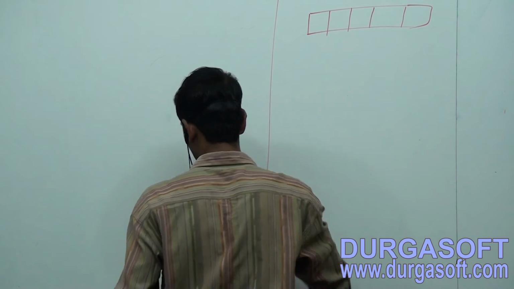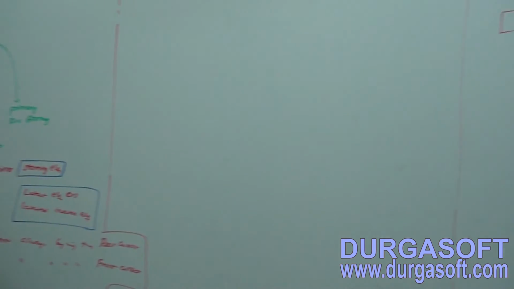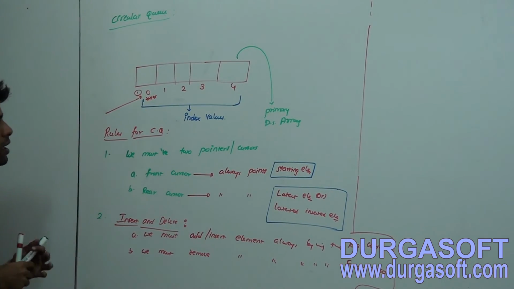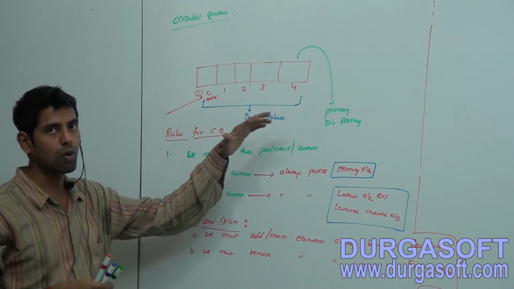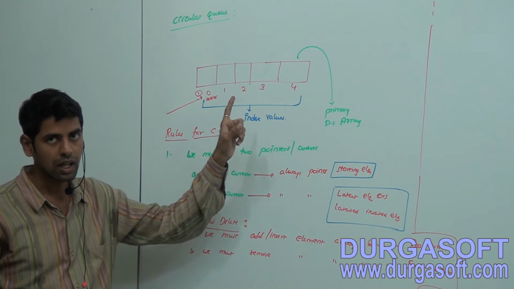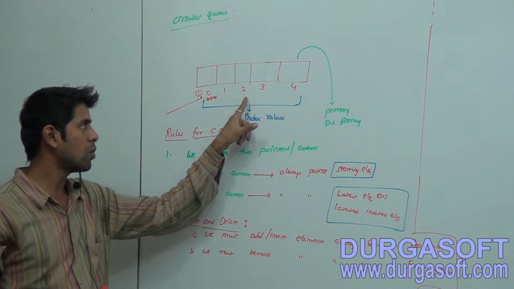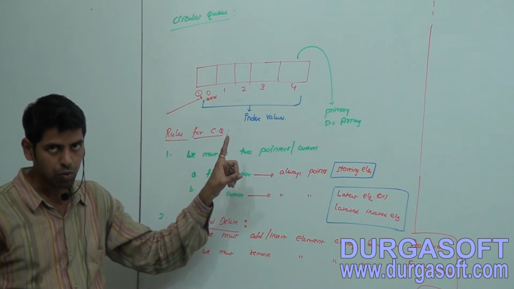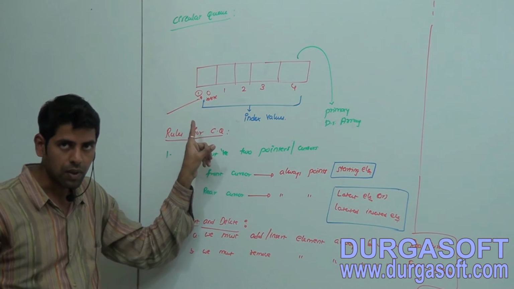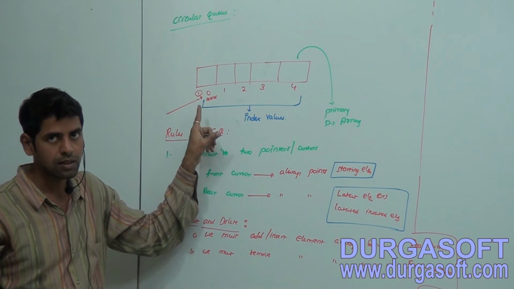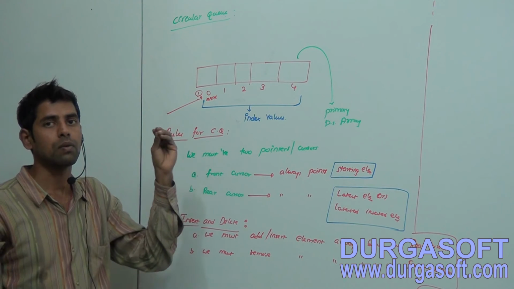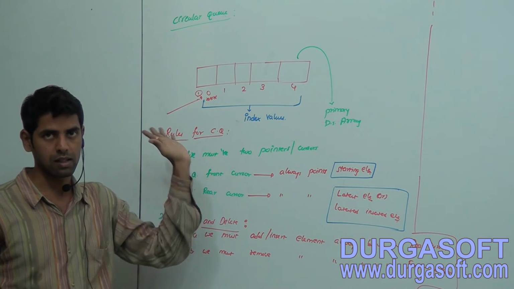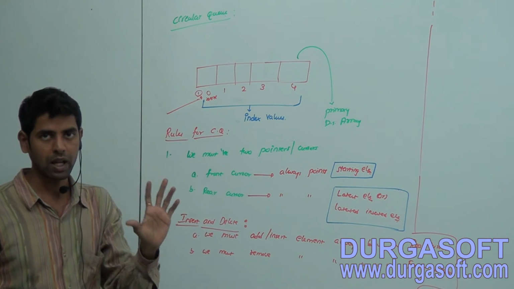I said one thing to you. What is that? If we are developing any code or application by using arrays, we must focus on index values. And number 2: the first block index will always be 0 for any array in any programming language.